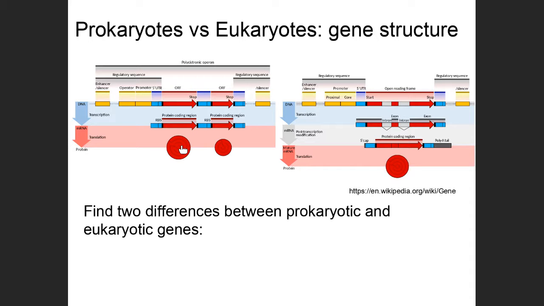Another difference that I normally ask is about this. It's called polycistronic. So see this one, polycistronic operon. What happens is this part that is in yellow is a chunk that does not get transcribed. So this yellow part is not a gene. That's a regulatory sequence, which means it's regulating when this DNA sequence gets transcribed to mRNA.